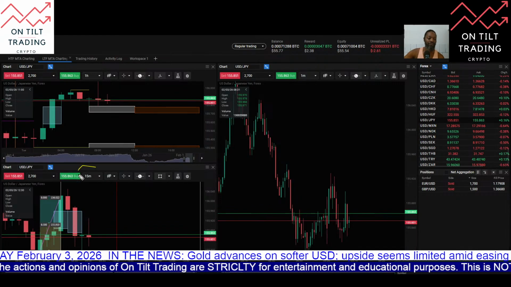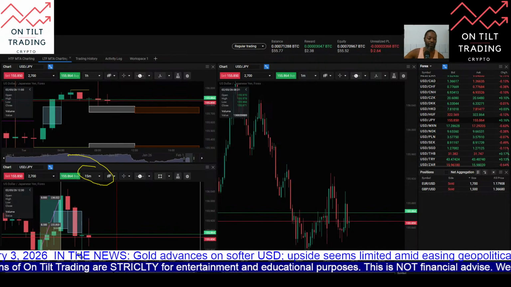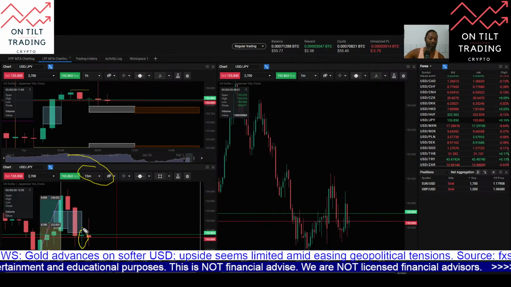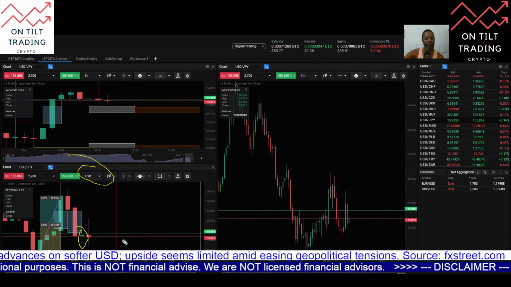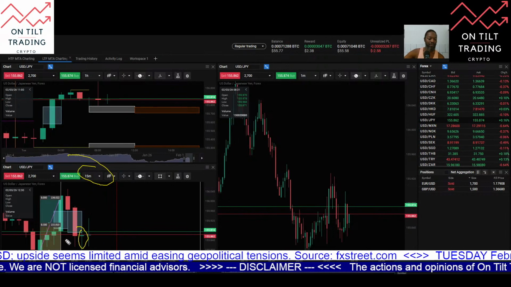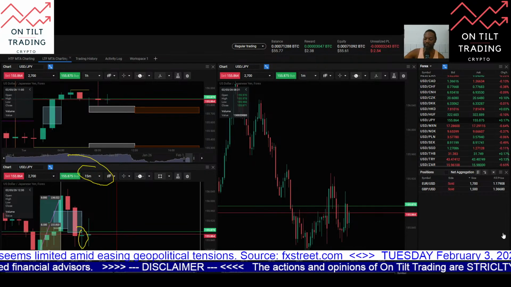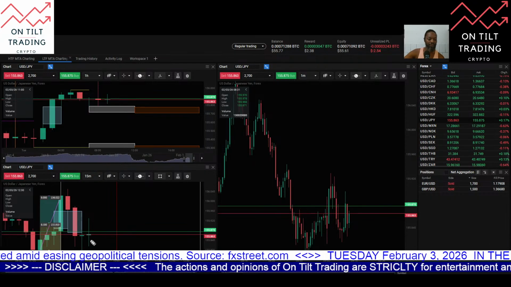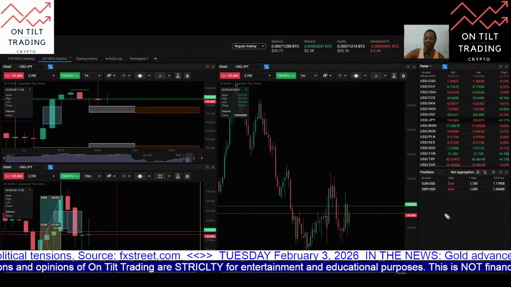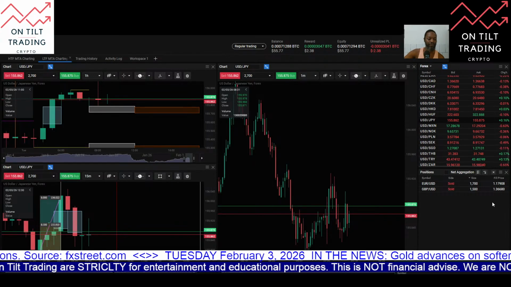The current 15-minute candle has traded above the previous candle, so there's a new 15-minute high, even though price is looking rather weak. But that is another indication that price may be interested in returning to the buy side.